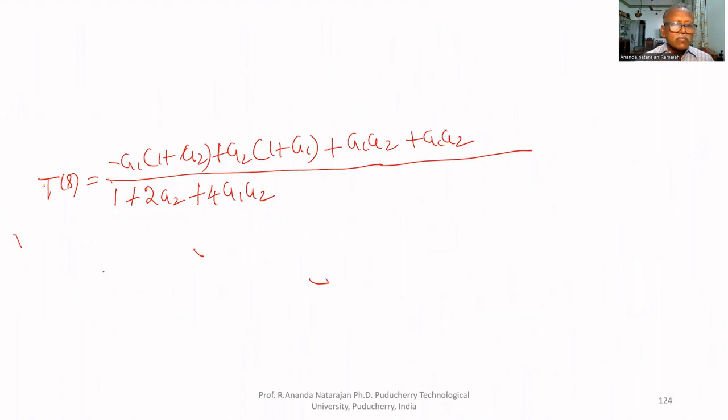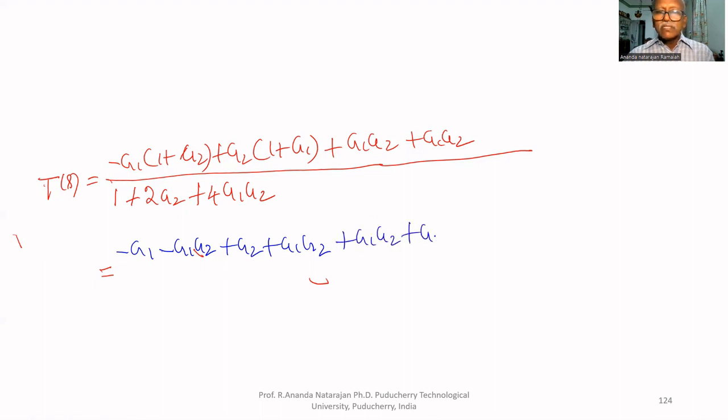The numerator becomes minus G1, minus G1 G2, plus G2, plus G1 G2, plus G1 G2, plus G1 G2, whole divided by 1 plus 2 G2 plus 4 G1 G2.